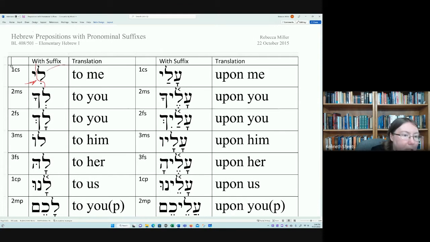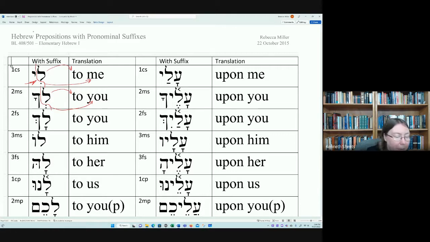So the Lameth preposition, to, and then i, the pronominal suffix, me. So li then, to me. Lika, again, you can see the Lameth preposition with the ika, second masculine singular pronominal suffix. So the Lameth preposition, to, and then ika, you. And so forth as well.